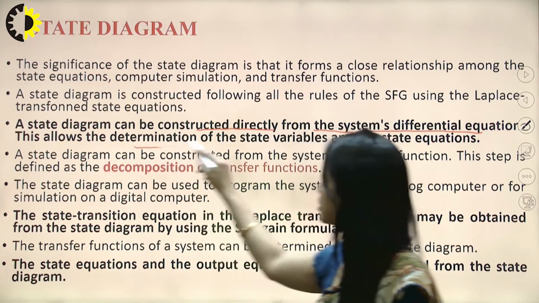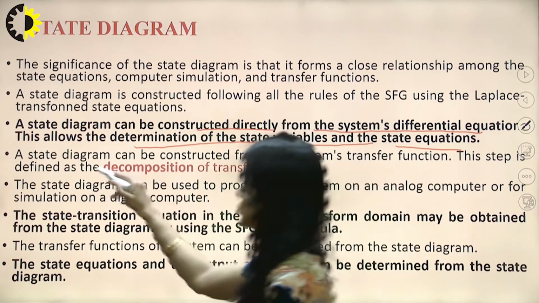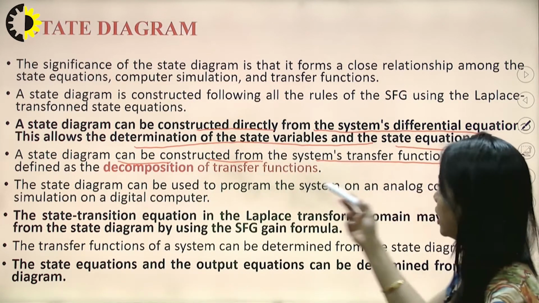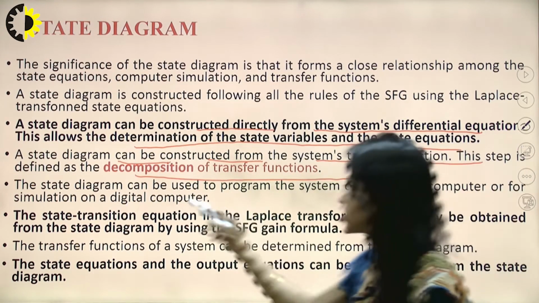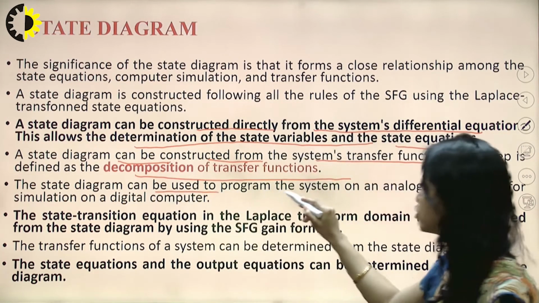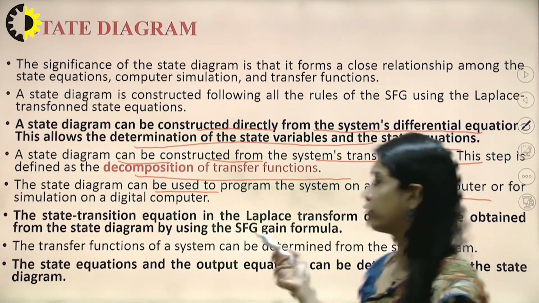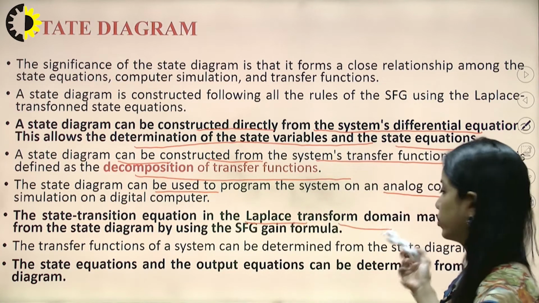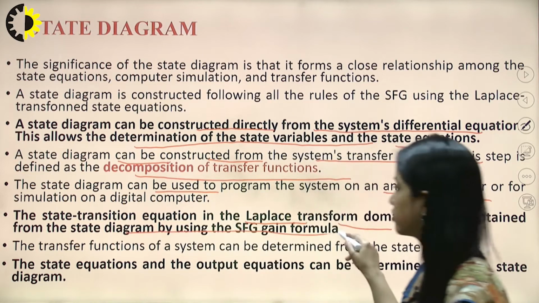This allows the determination of the state variables and the state equations. The state diagram can be constructed from the system's transfer function, and this is also called decomposition of the transfer function. The state diagram can also be used to program the system on an analog computer. The state transition equation in the Laplace transform domain can be obtained from the state diagram by using the signal flow graph formula.